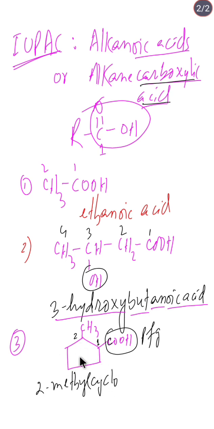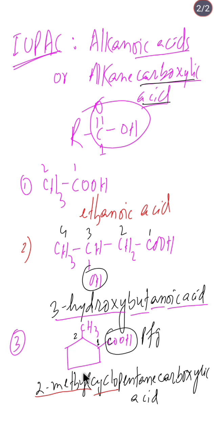Then we have 5 carbon atoms in the main chain, so pent, ane. After the primary suffix, I'm going to add carboxylic acid, not oic acid. So this is the IUPAC name of this compound. 2-methyl is the prefix, cyclo is for the cyclic nature of the chain, pent is the word root, ane is the primary suffix, carboxylic acid is the secondary suffix.